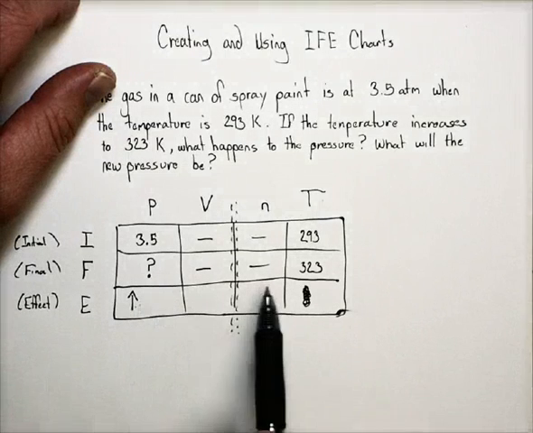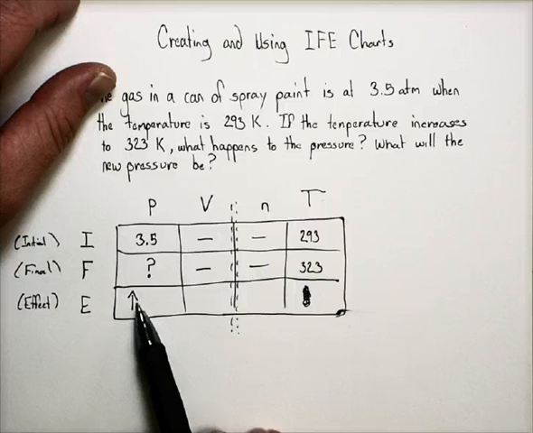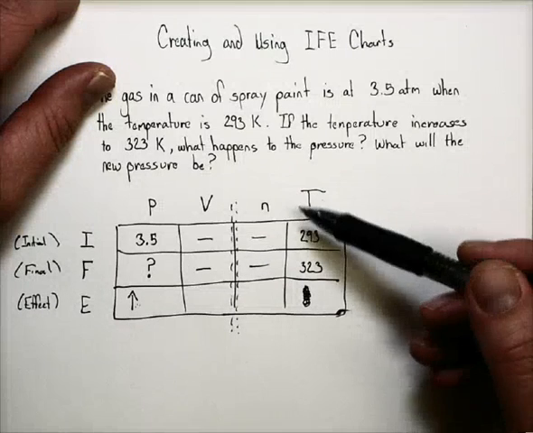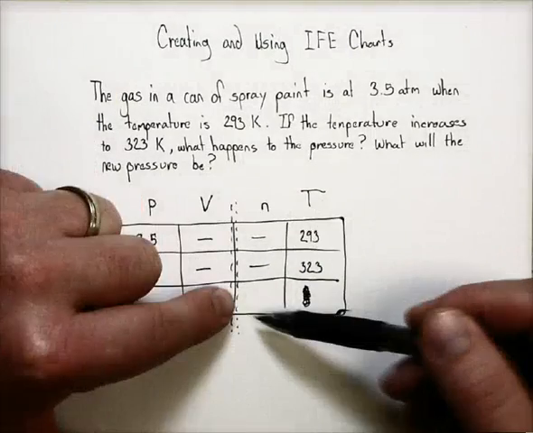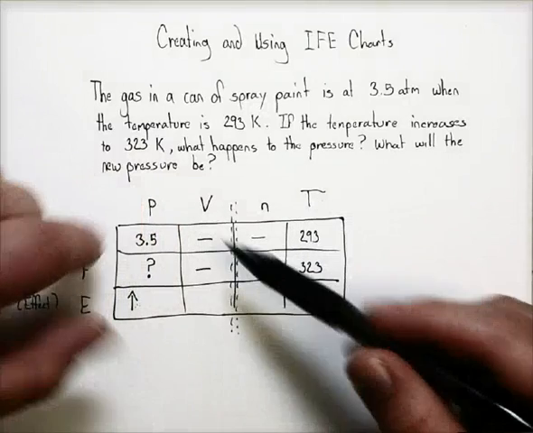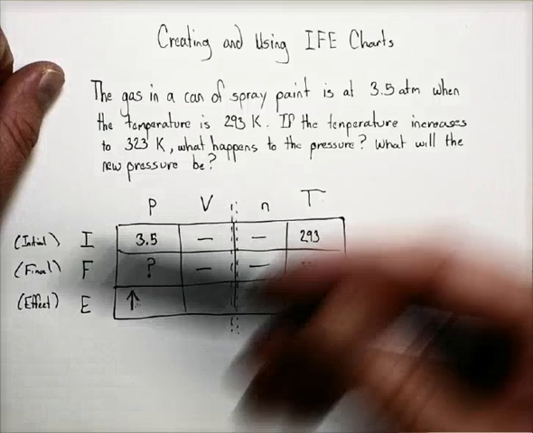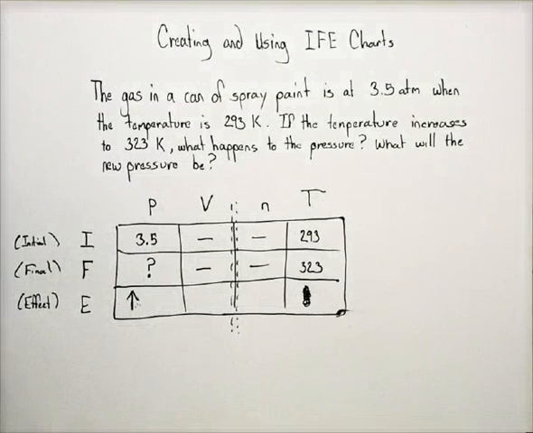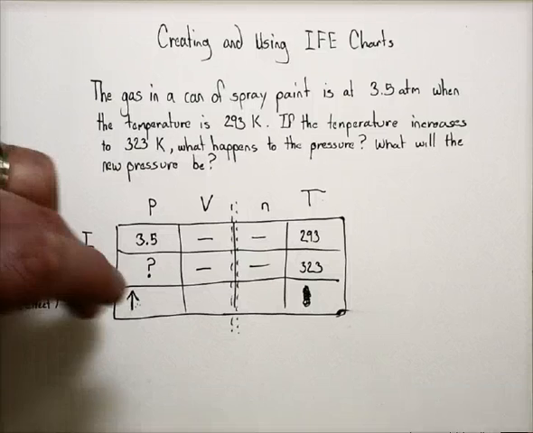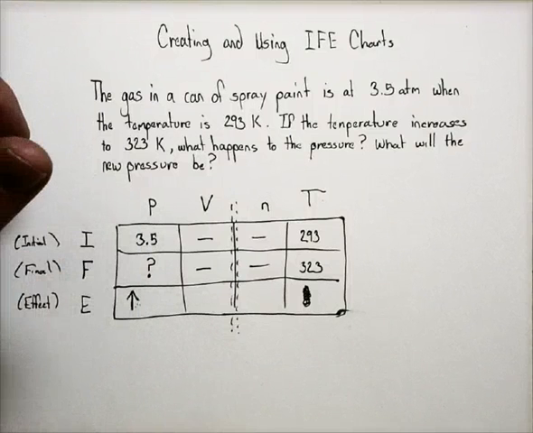So the net effect is that the pressure is going to go up from that. Again, here the temperature went up. They're on opposite sides of that middle line, so the pressure is going to go up as well. So I draw an up arrow here, showing that the effect is that we're going to increase the pressure. Whatever value we end up finding for the pressure, it should be bigger than 3.5.